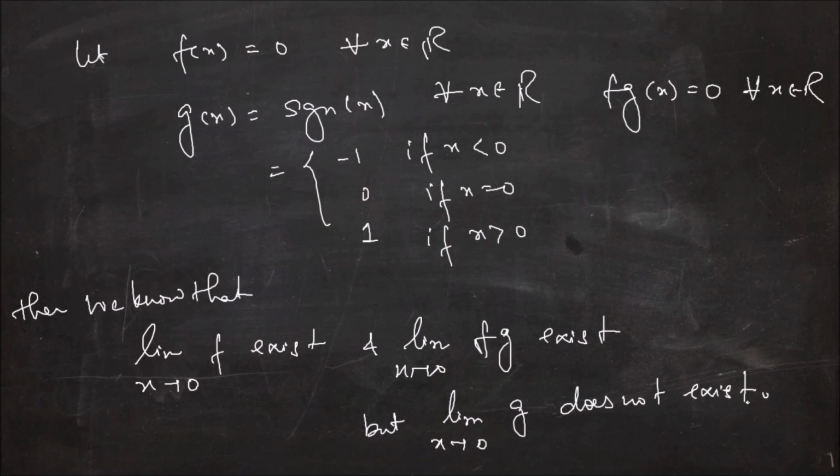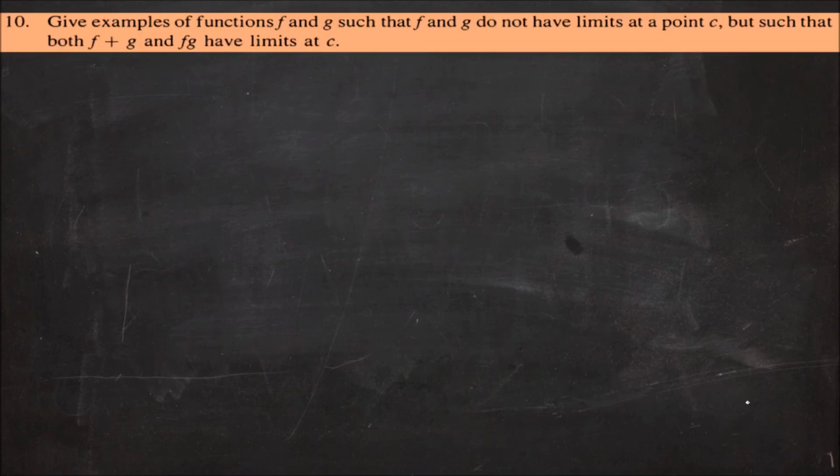So this is one simple example to show that limit f may exist and limit fg may exist without limit g existing. So we are done with question number 9.